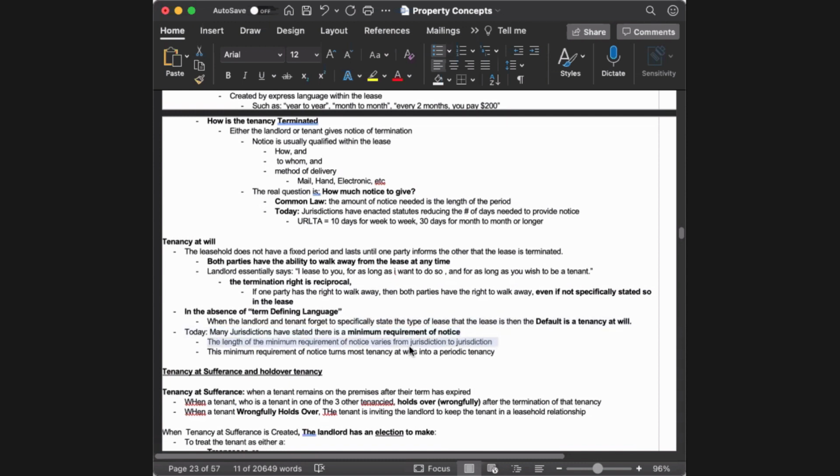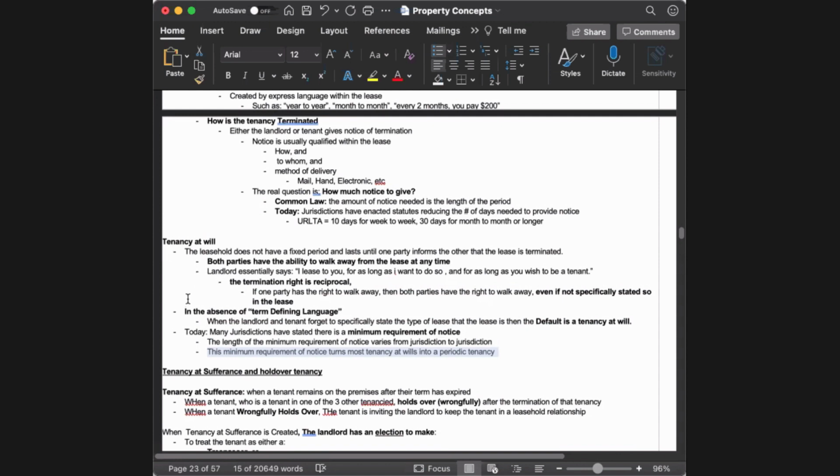The length of the minimum requirement of notice varies from jurisdiction to jurisdiction. This minimum requirement of notice turns most tenancies at will into periodic tenancies. So essentially, states have stepped in to provide dumb leases with some sort of semblance of sanity.